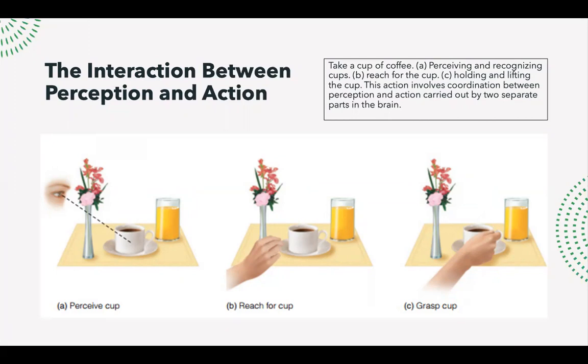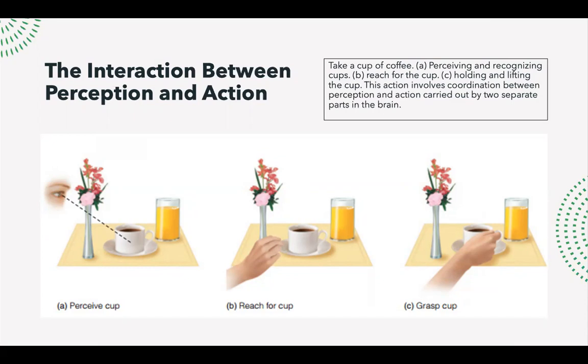Once the coffee cup is perceived, she reaches for it, taking into account its location on the table, as you can see in figure B. As she reaches for the coffee cup, avoiding the flowers, she positions her fingers to grasp the cup, taking into account her perception of the cup's handle, as you can see in figure C.